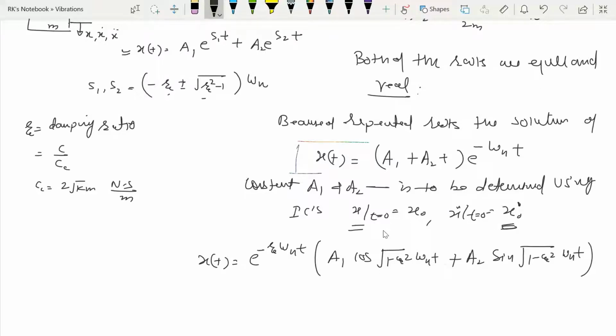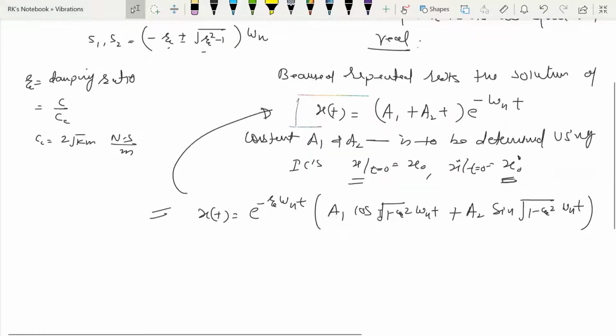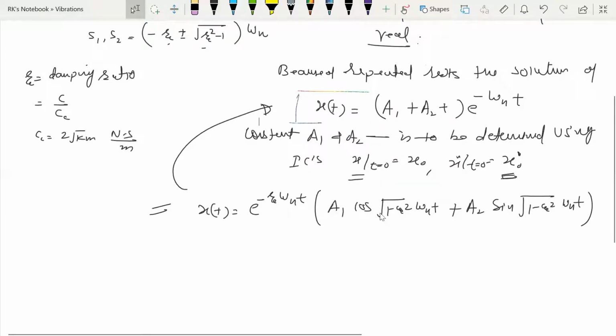Using this equation we can get this solution if we put the limit, that is, if zeta approaches unity.